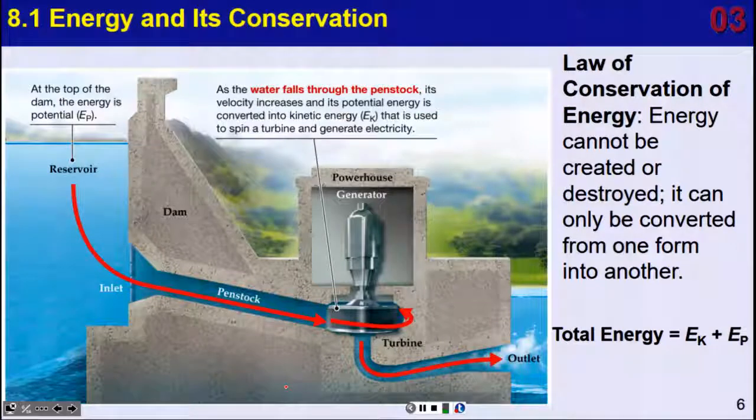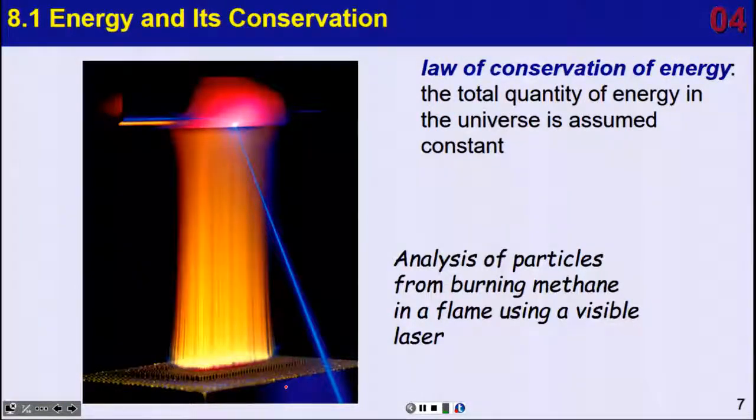As the water falls through it, the velocity speeds up, increases, right? Potential energy is converted to kinetic energy to spin a turbine, and then you have electricity. So we're converting between forms of energy. The total energy is the same, but we've converted some potential energy into kinetic energy, and then electricity results. Aha. So conservation of energy: the total quantity of energy in the universe has got to be constant.